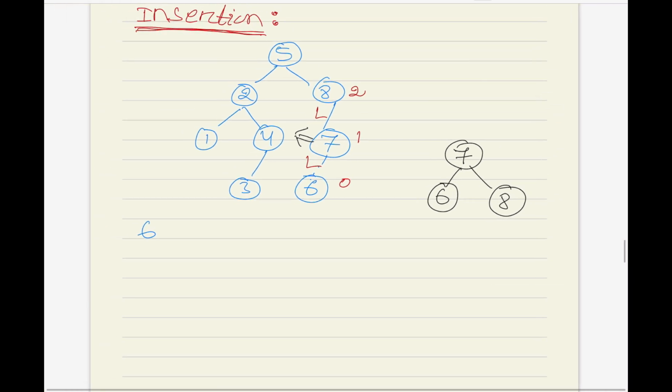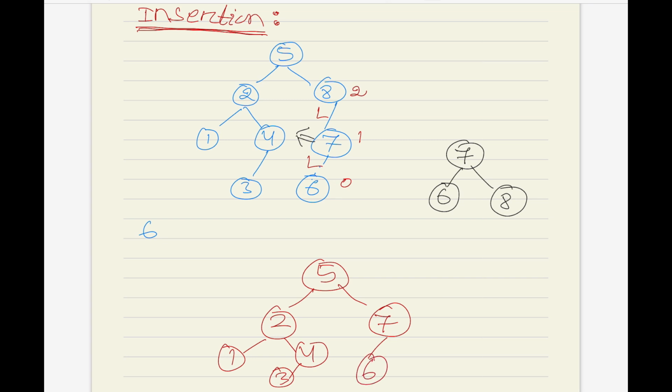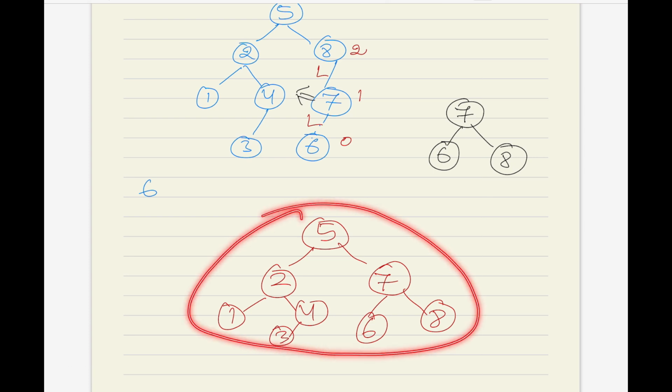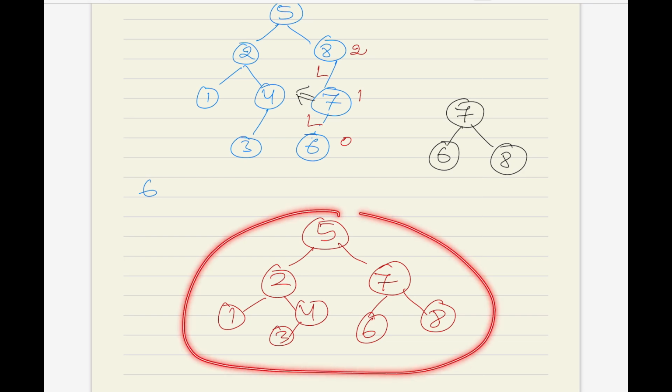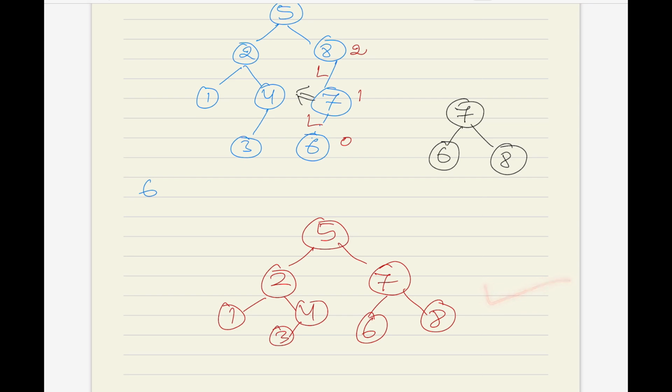So here you can observe it was 5, then 2, then 1, then 4, then 3. Now to the right of 5 it is 7, then 6, then 8. Here you can observe the balance factors will be -1, 0 and 1. So in this tree we can say this tree is a balanced one and this is an AVL tree.